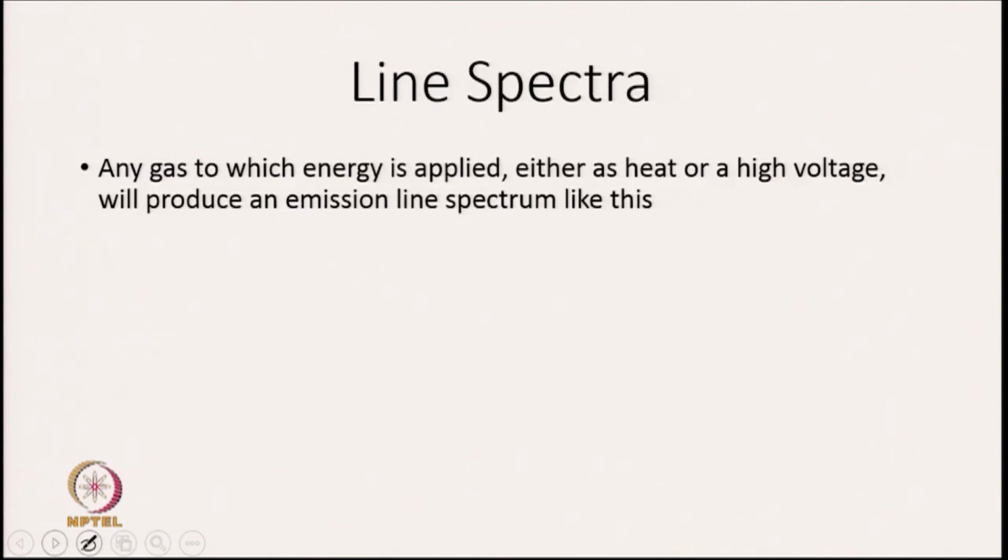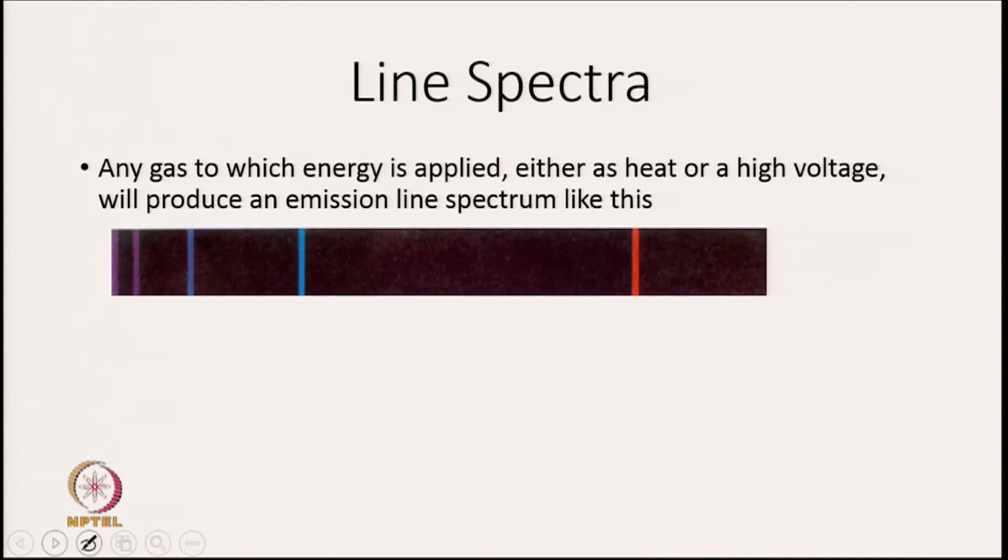So, you can see a line spectrum by hitting an element, or by applying heat to a gas, and that will produce an emission line spectrum like this, where you can see that only light of this particular wavelength is observed. If you would like to see it digitally, how does it look?